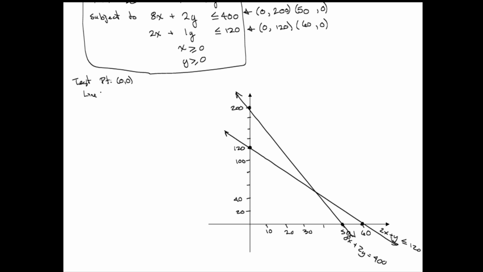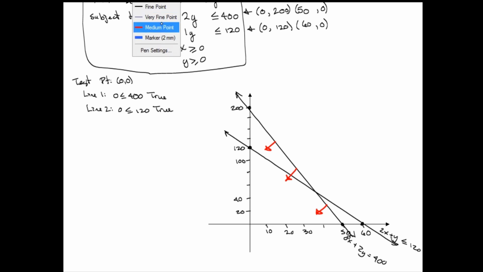Okay, so my first line will give me 0 less than or equal to 400, which is true, so that means I'm going to shade toward the origin like this. And now if I move to my second line, if I put in that 0, 0, I get 0 less than or equal to 120, which is also true. So once again, we shade toward the origin.